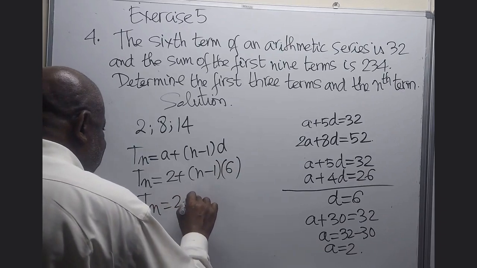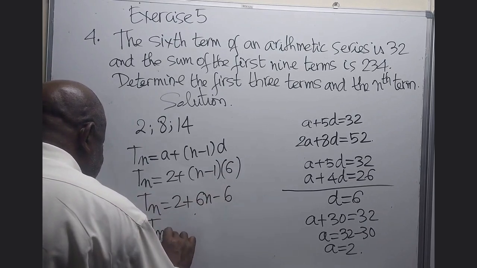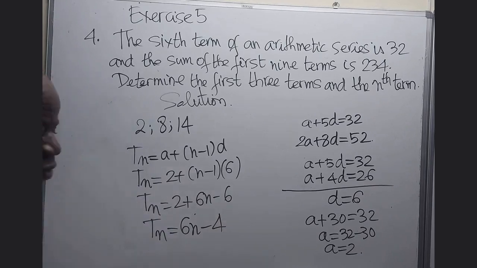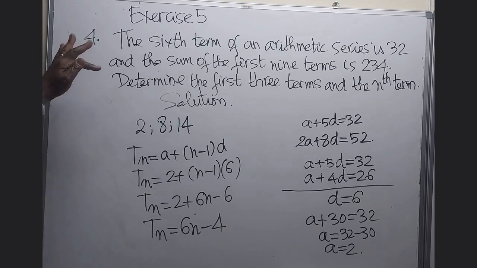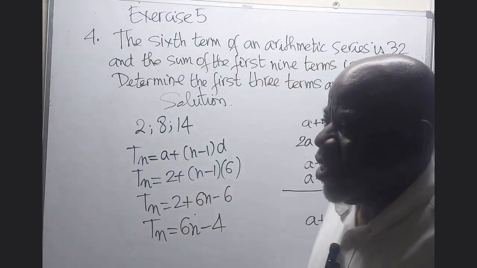Tn will be equal to 2 plus 6n minus 6. And Tn will be equal to 6n minus 4. Then we are done. We have practically solved the last exercise for our session. So we are done for today.